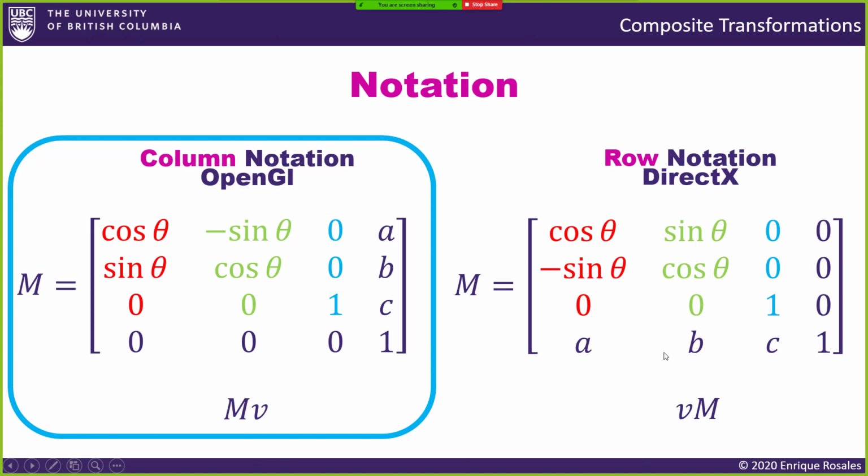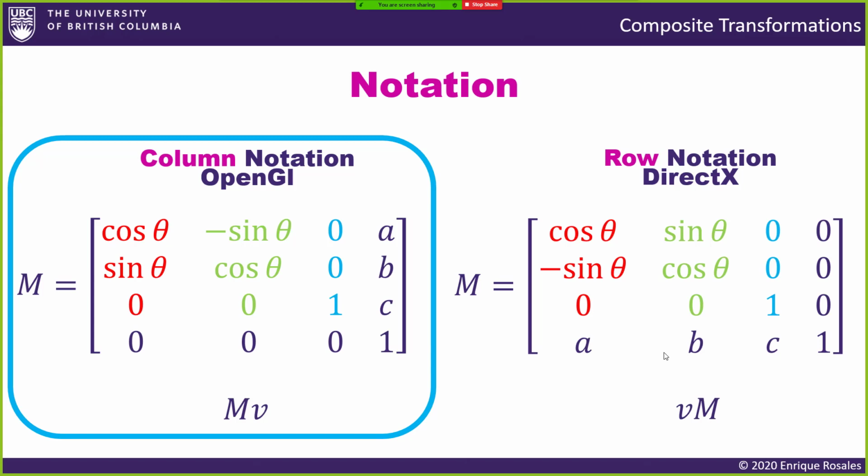And again, this is very important for the topic that we are going to see today, which is composing transformations. It is probably the reason for maybe 20% of all the errors I've seen with students regarding assignments: you go to a website, or copy code from another person, and you're just mixing row notation matrices with column notation matrices, multiplying everything together in different order, and everything just goes crazy. Those errors are incredibly difficult to debug.